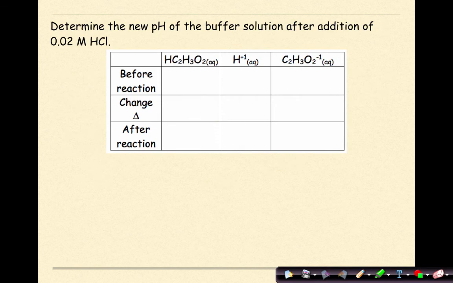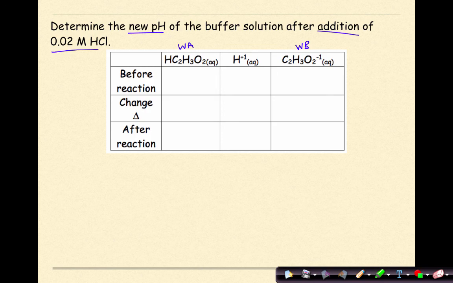Now we're going to determine the new pH of the buffer solution after the addition of 0.02 molar hydrochloric acid. So again, we're going to have our weak acid and we're going to have our weak base.